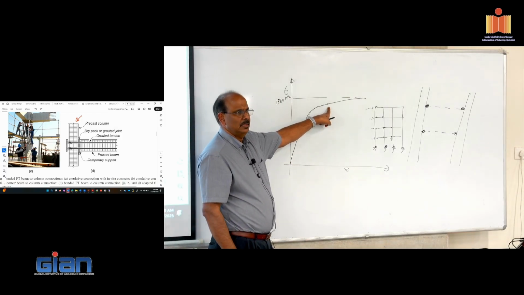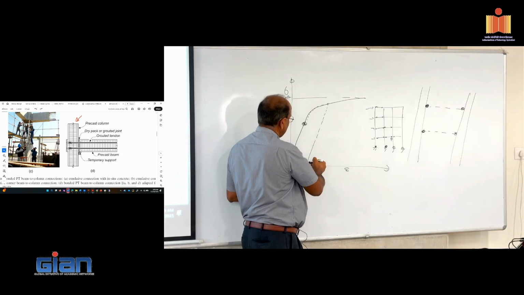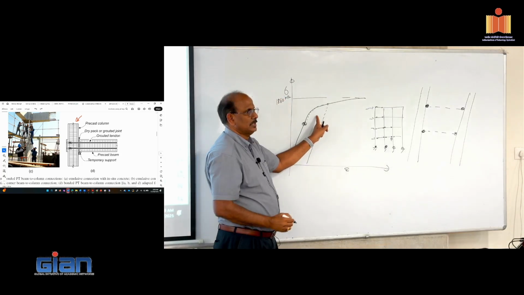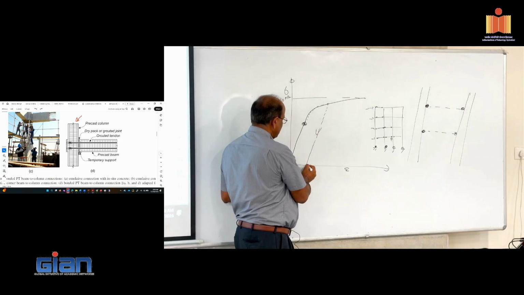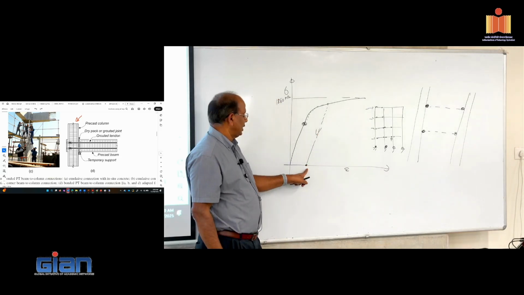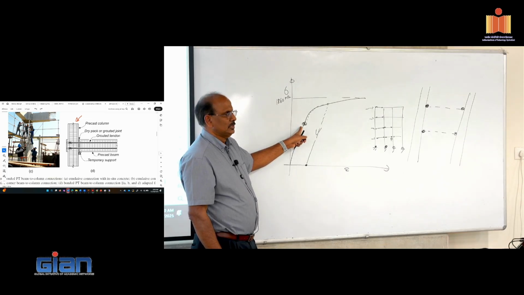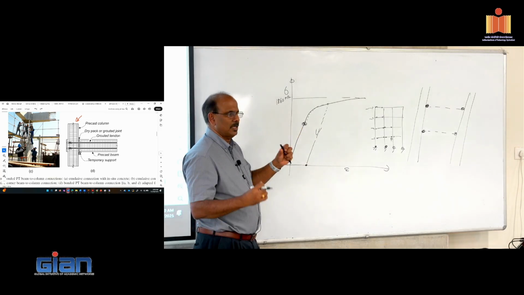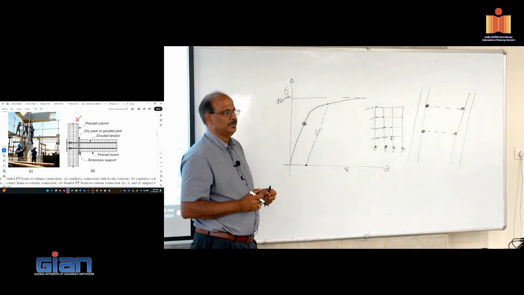Right? And then when it comes back, it's going to come along this path because you already yielded the post-tensioning steel. So it's going to come back here, and if it comes back to zero displacement, what you find is that you actually lost your post-tensioning. So if you lose your post-tensioning, your connection becomes very weak, and it cannot resist the load anymore.